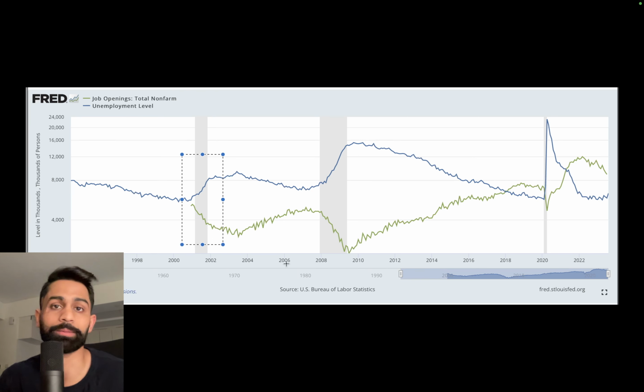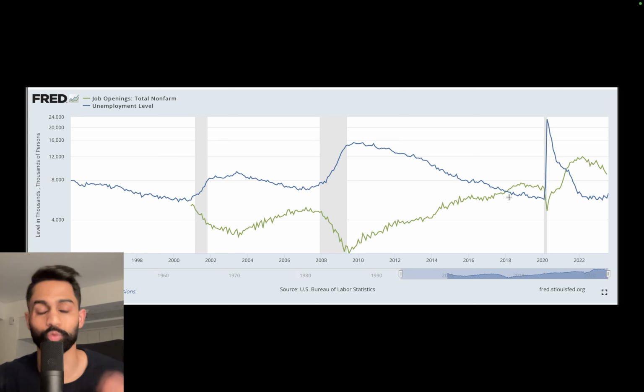This is the first time in the last 23 years, actually, I should say the second time in the last 23 years, that the green line is above the blue line, meaning that there are more job openings than there are people available to work. So there is a significant imbalance between the supply and demand of labor. And when that happens, it's more favorable for workers to demand higher wages, because companies can't even find people to work for their positions, because right now there are more jobs than unemployed people.